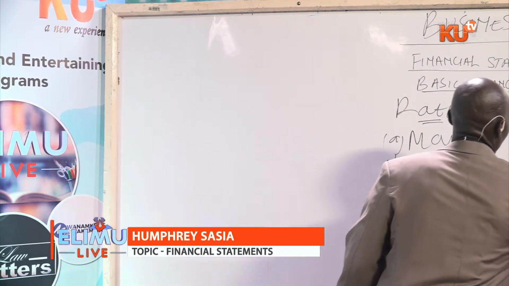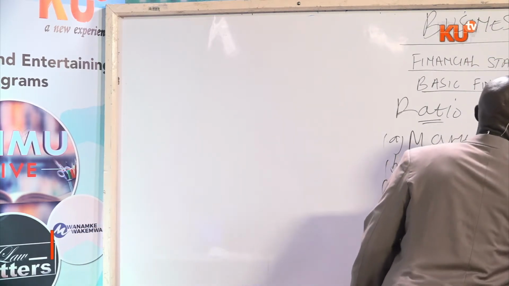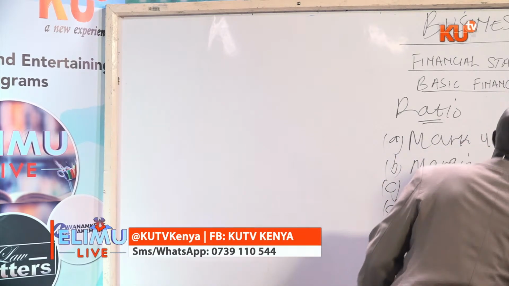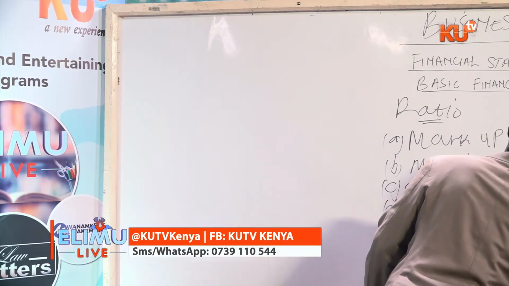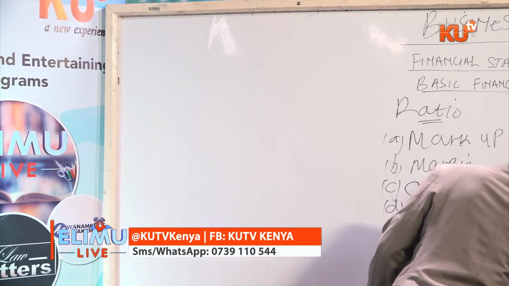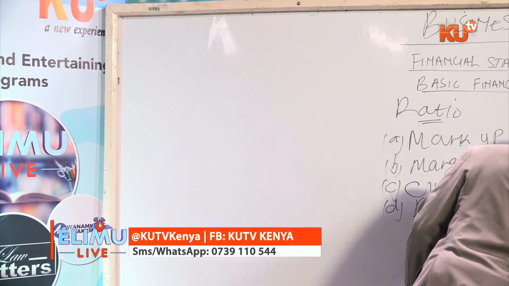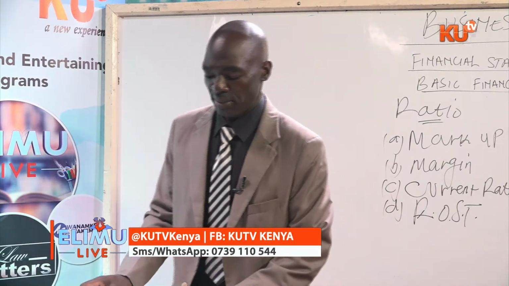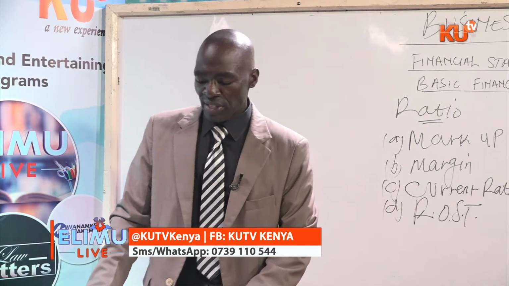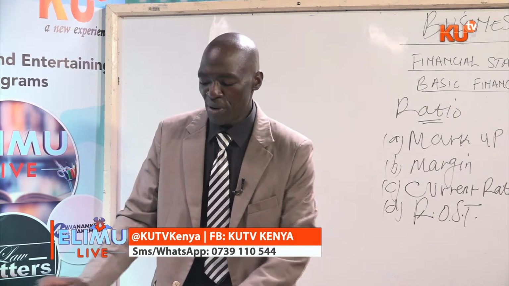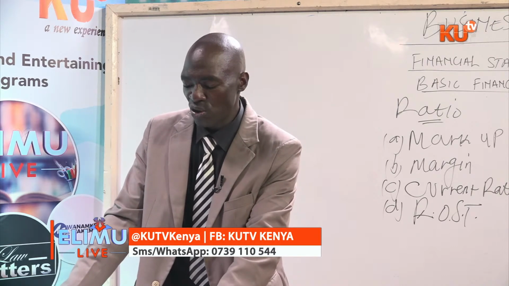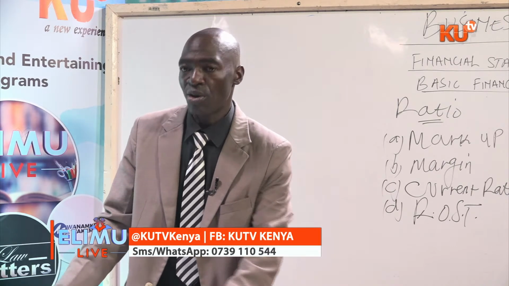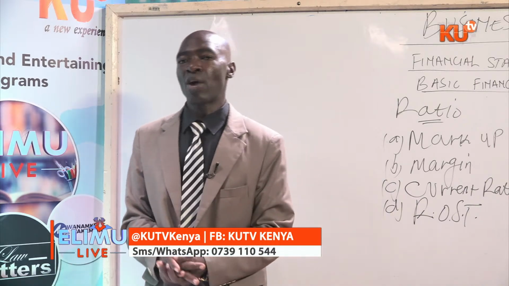That is, GP over CP, or GP over CP times 100. That is the percentage. So in this case, we have said markup is the GP expressed as a fraction, a ratio, or a percentage of CP stroke COS.